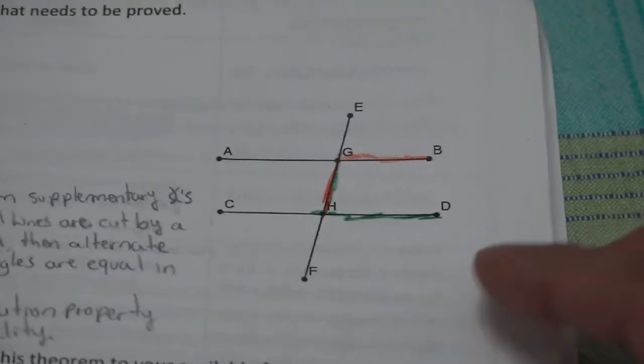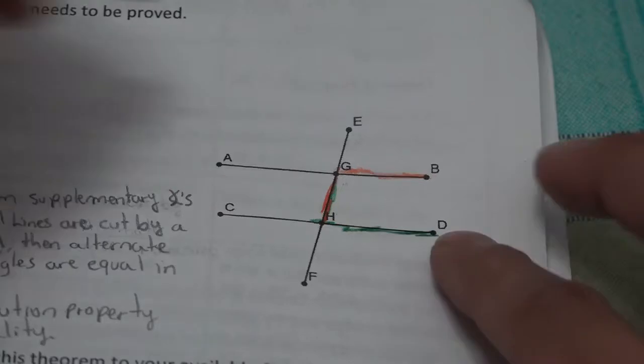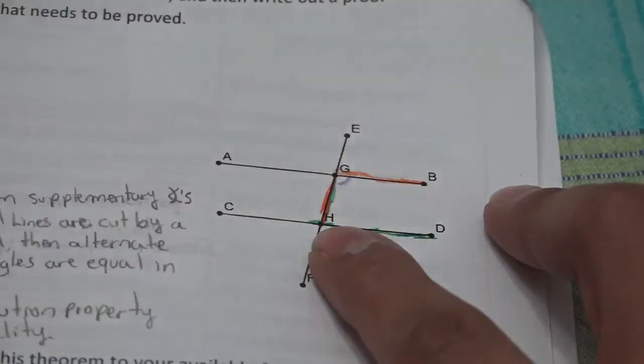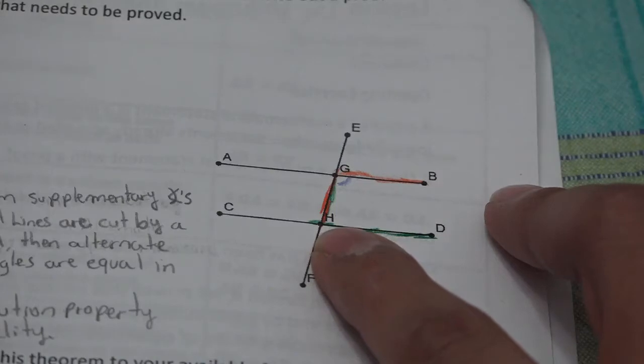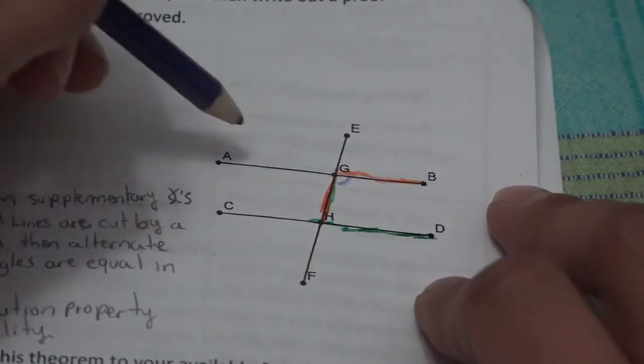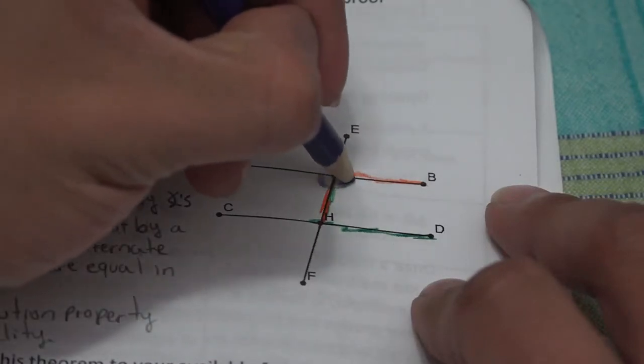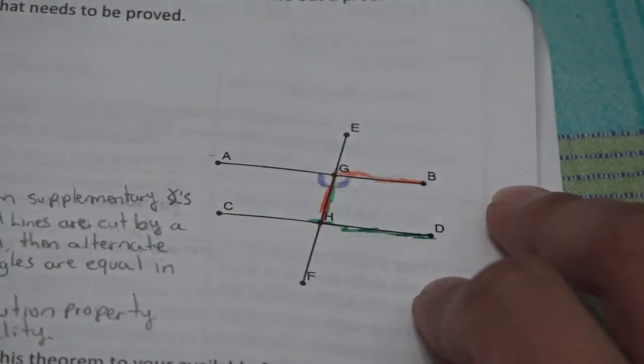Okay, blacker. All right, so angle BGH, so this angle right here, plus angle AGH, plus this angle right here is 180.